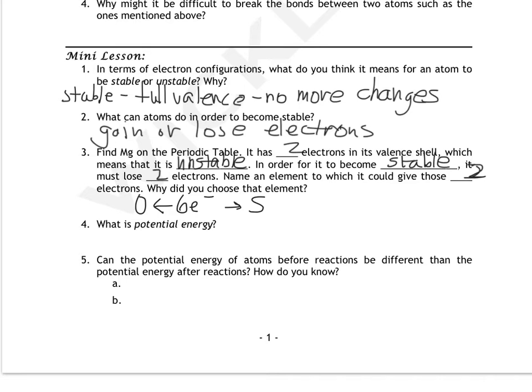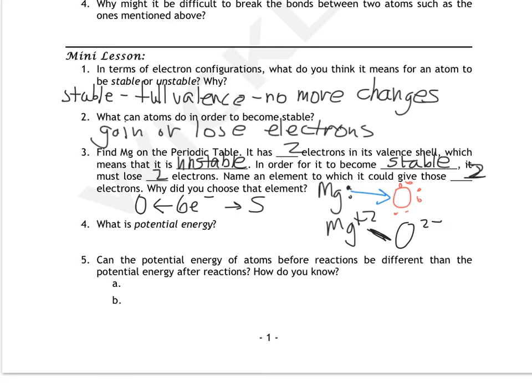In that case, both magnesium and the other element would become ions, but they would also be forming what we call a bond. When the 2 electrons from magnesium travel over to the oxygen atom, both the magnesium and the oxygen atom become ions. Magnesium becomes a positive 2 ion, and oxygen becomes a negative 2 ion, but they also now have this bond between them. We would call that an ionic bond, but we'll deal with all those details later.